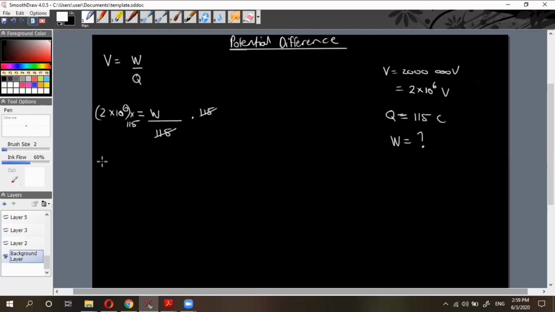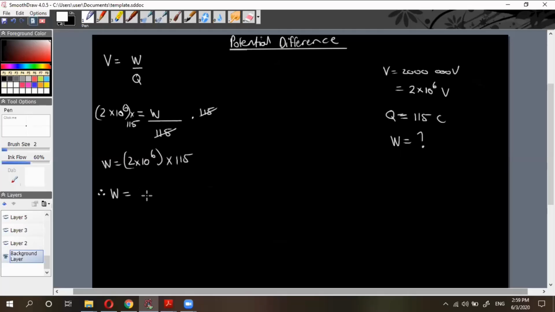So therefore W should equal 2 times 10 to the power of 6 multiplied by 115. If we do that, then W, or the energy transferred, anybody have an answer for me? I got 230 million. 230 million.